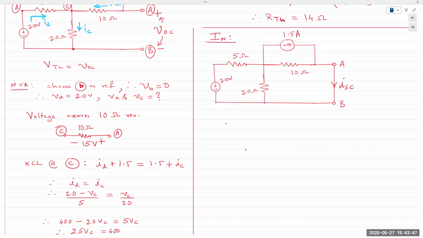How would you determine whether to choose between node voltage or mesh current in general? Any suggestions?